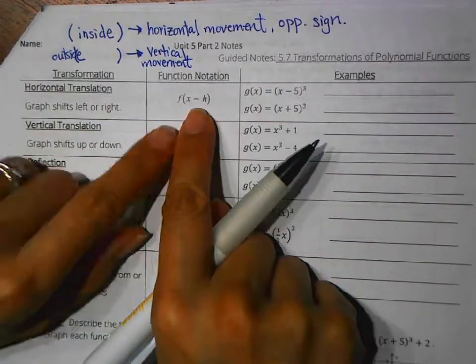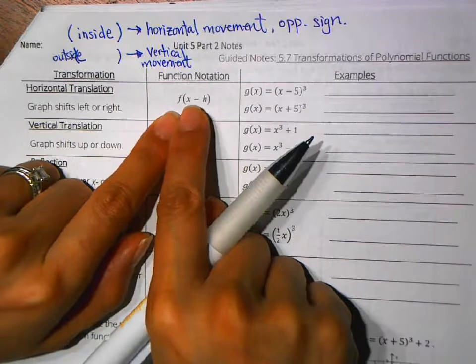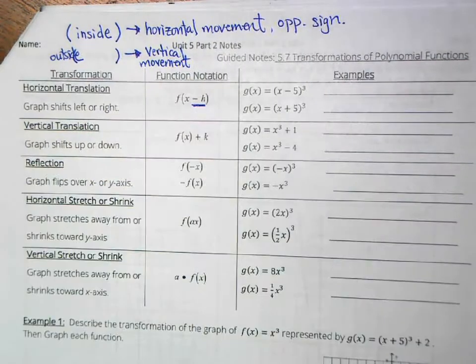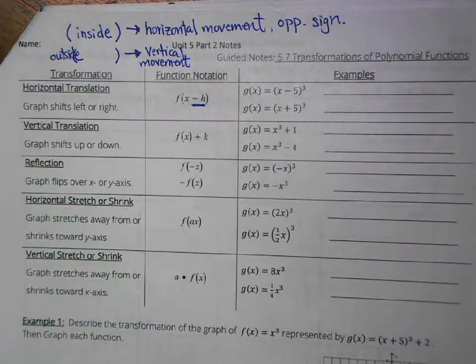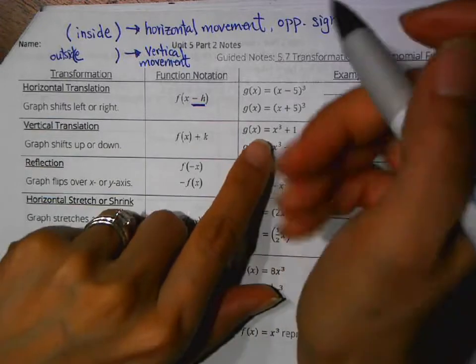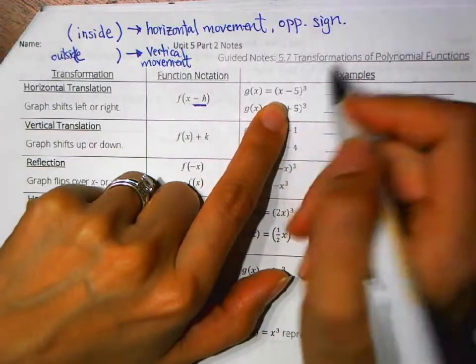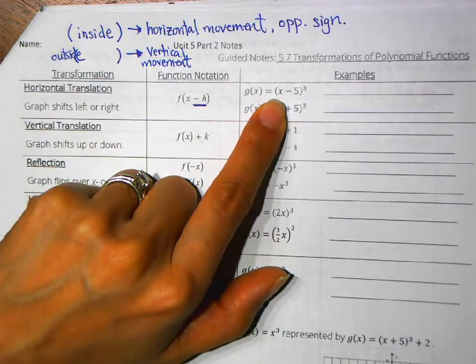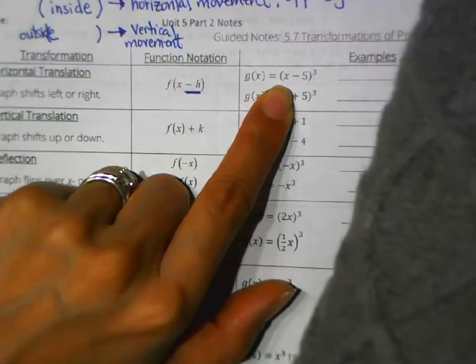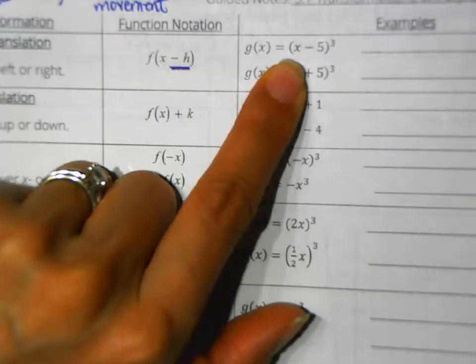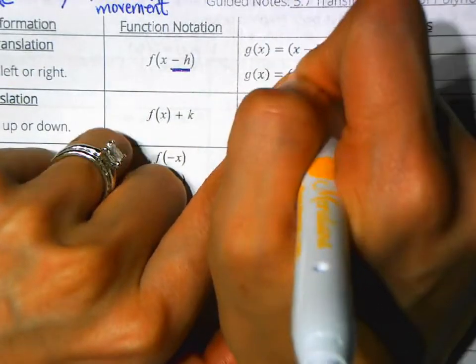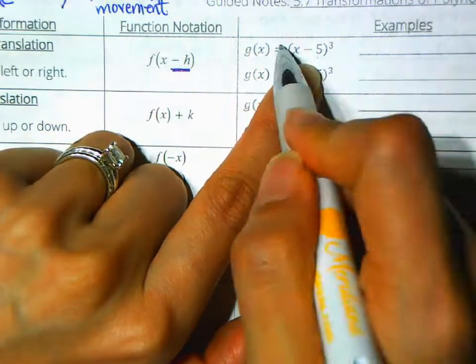So for example, if I have f(x - h), notice that minus h is a number that's happening inside my parentheses, only applying to just the x. For example, right here, (x - 5) to the third power. That 5 is on the inside of the parentheses, it's only applying to the x.